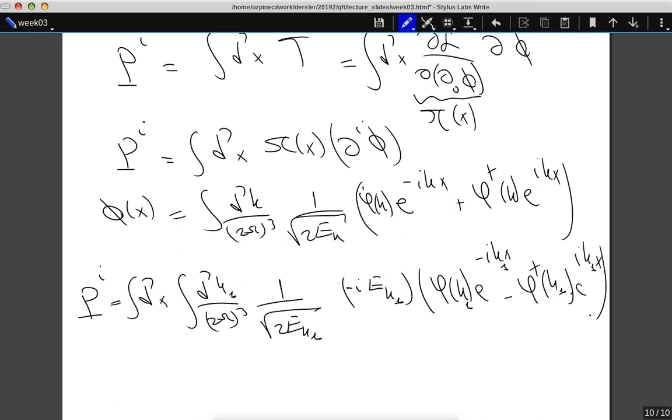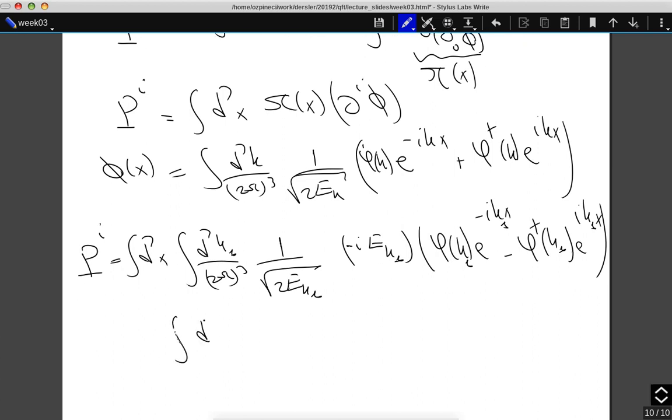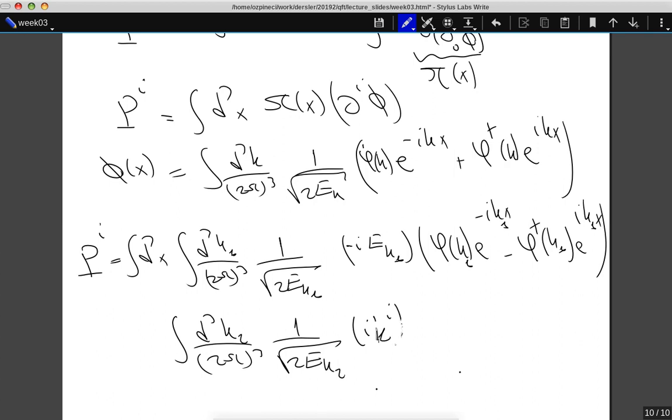This is the conjugate momentum. Then I have d cubed k2 over 2 pi cubed, 1 over square root of 2 e k2. This is from the definition of the field. Now these derivatives will just bring me factors i, k2 i, the i component of the three-momentum.